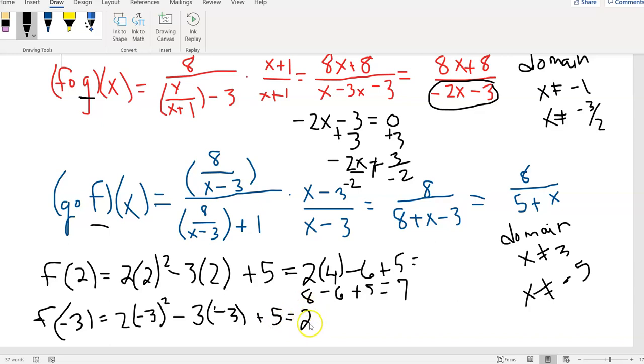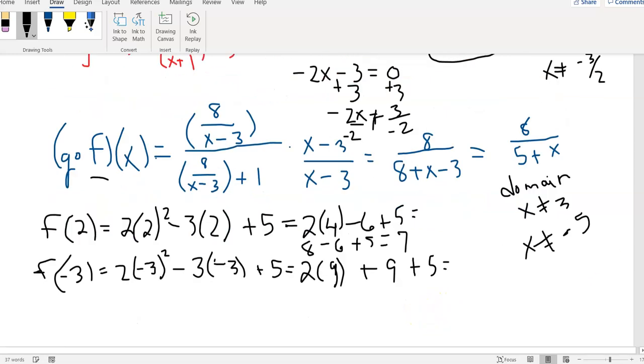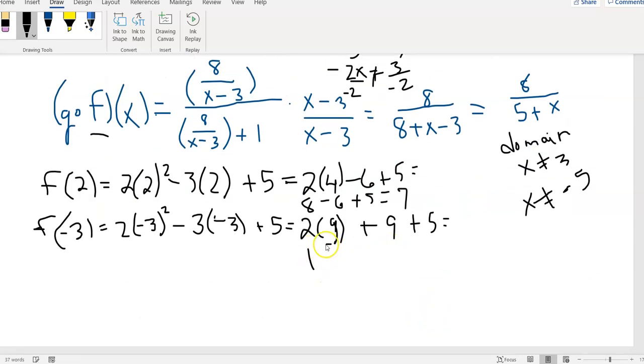Minus 3 squared is 9. And we can go ahead and do negative 3 times negative 3 is a positive 9. And that is going to give me 18 plus 9, 27 plus 5, 32.